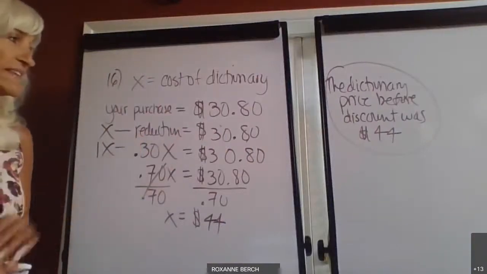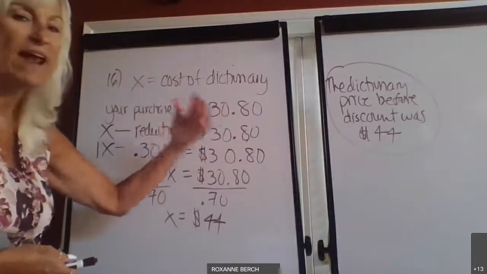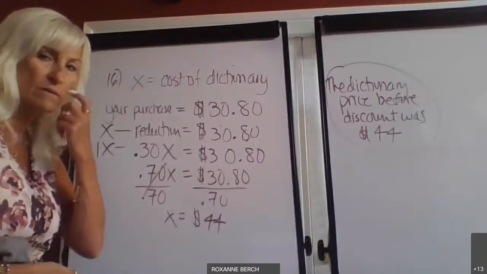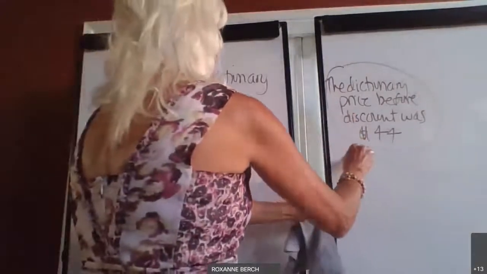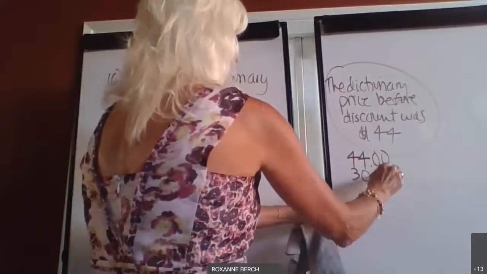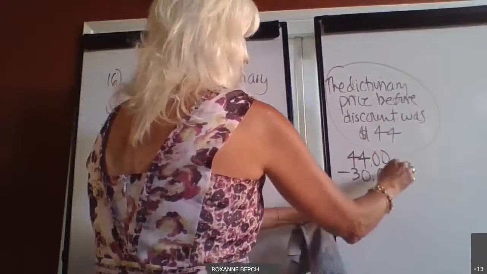So if you wanted to find the discount, you could take 44 minus 30.80 to find out how much you saved. In fact, let's do that. The dictionary was $44 and we paid $30.80. Can somebody put this on the calculator, please? What's 44 minus 30.80?